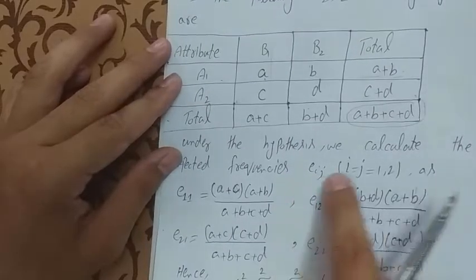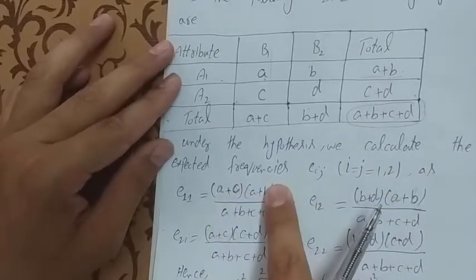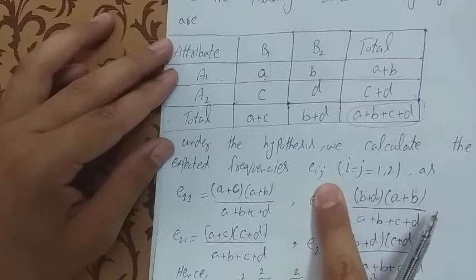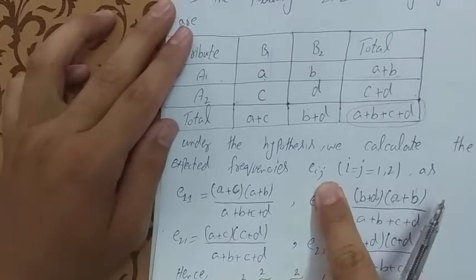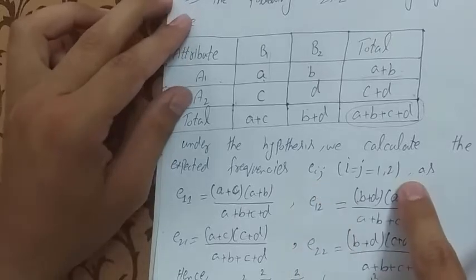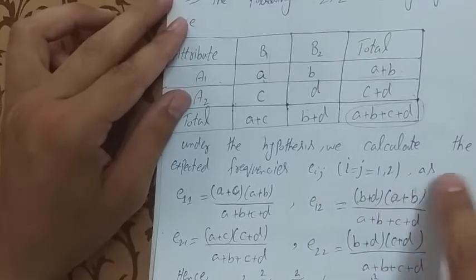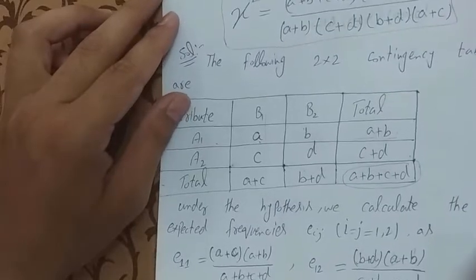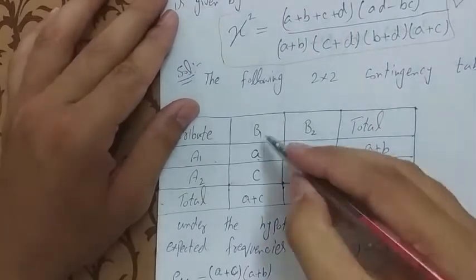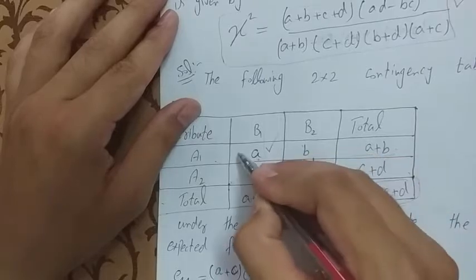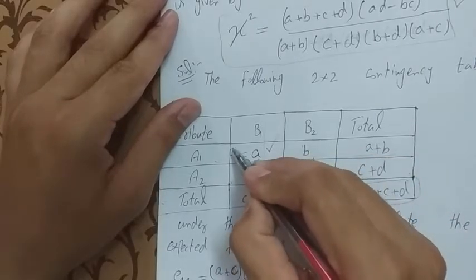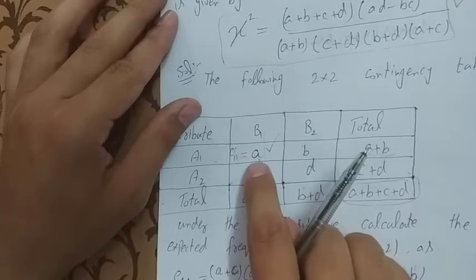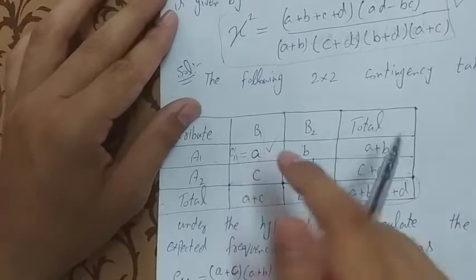Under these hypotheses we calculate the expected frequencies. We denote expected frequencies as E_ij, where i is from 1 to 2 and j is also from 1 to 2. Dear students, these are O11, the first row and first column observed value.